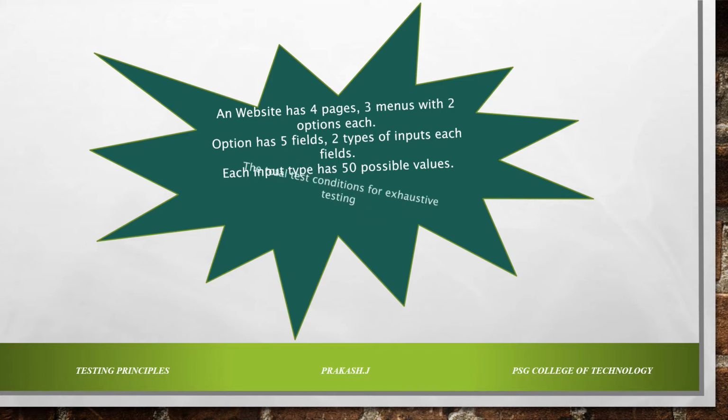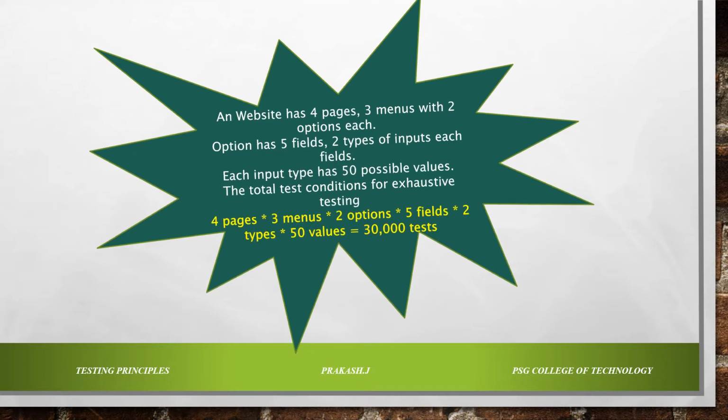Consider how many conditions are required for testing this website. When you compute, it will be somewhere around 30,000 test cases. So it is practically impossible to test each and every test case. So you select some basic or important combinations, test those, and carry out the testing process.